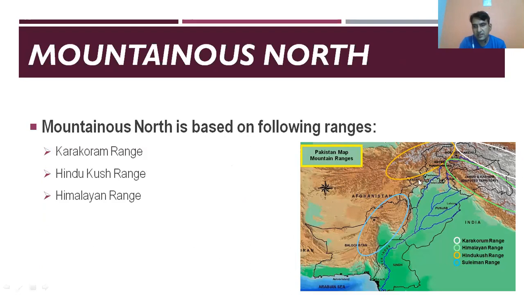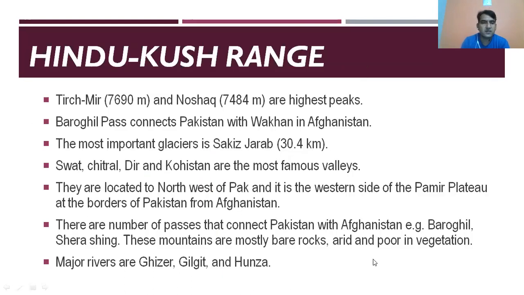These are the Sulaiman-Kirthar mountains. The Sulaiman range is in NWFP and Balochistan, and when these ranges fall in Sindh, they are called the Khirthar.